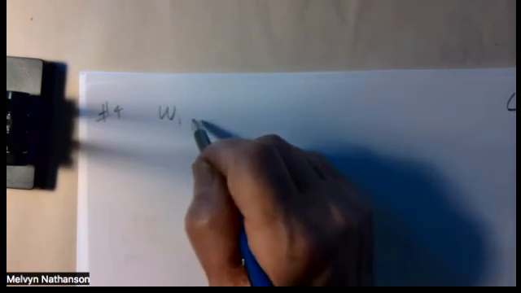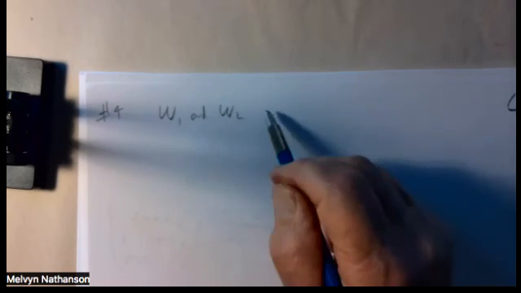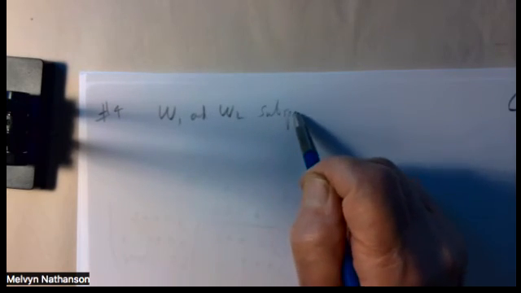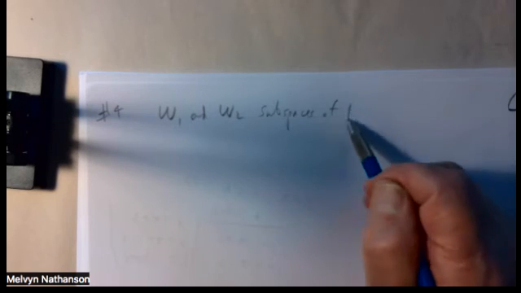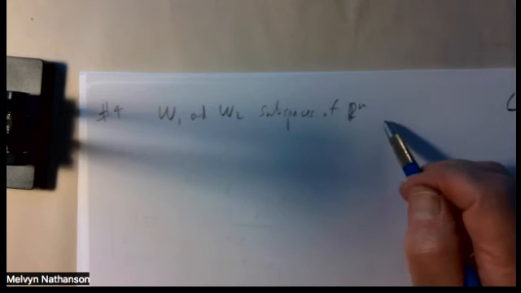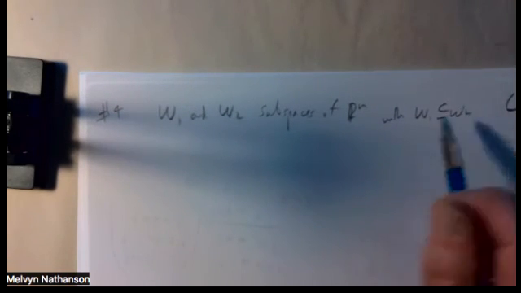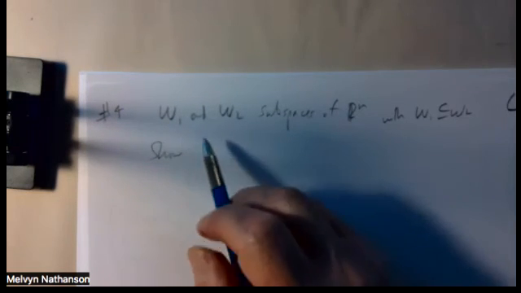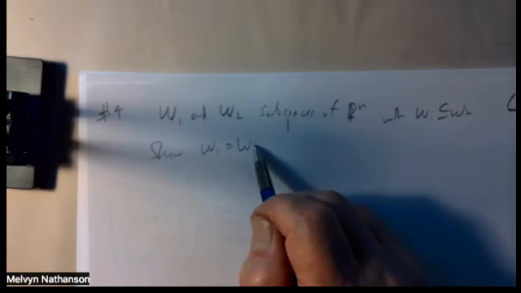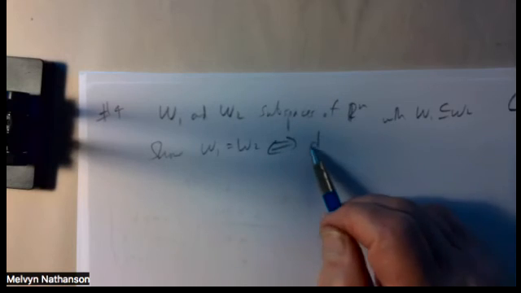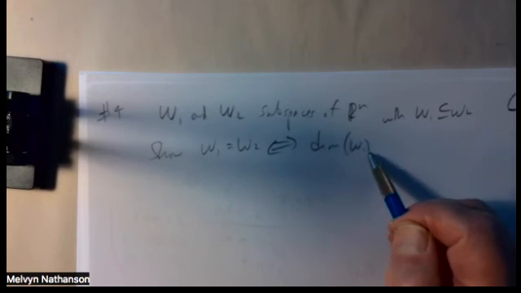So we have W1 and W2 subspaces of Rn with W1 contained in W2. We want to show that these subspaces are equal if and only if they have the same dimension.